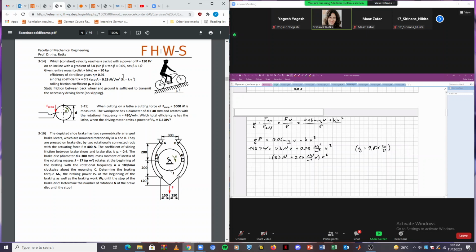We can state this equation like this. Oh, sorry, the other way around, of course. Now we have the value 53 or 54 as the first part of the equation, and 0.25 times the square of the velocity.